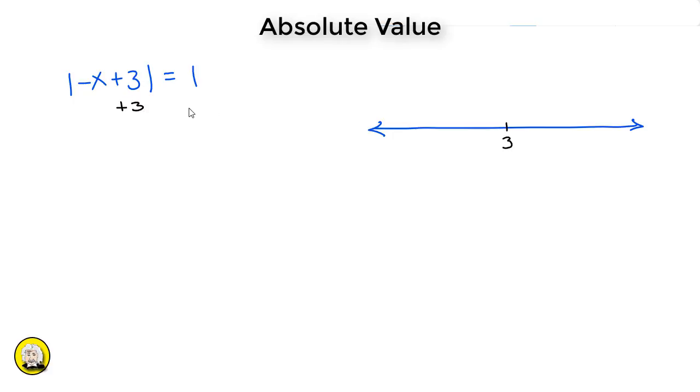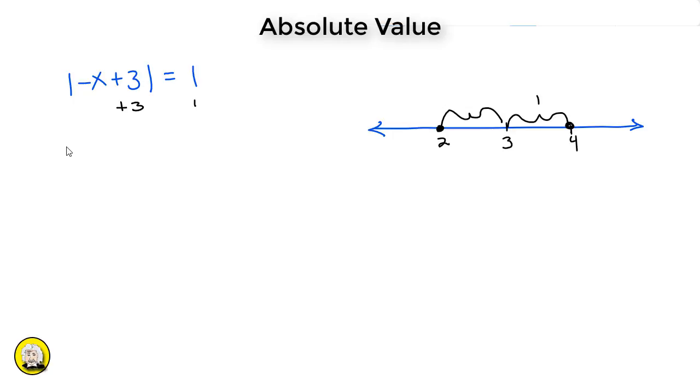So I'll get a central point of 3 and an absolute distance away from that of 1. So if that interpretation graphically is correct, that means my solution sets should be 1 away from 3 in the positive side, and then 1 distance away from 3 in the negative direction, which should be 2. So I should be looking at a solution set of x equals 2 and x equals 4.